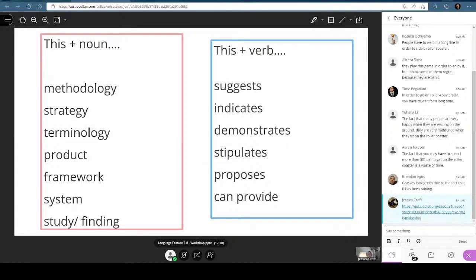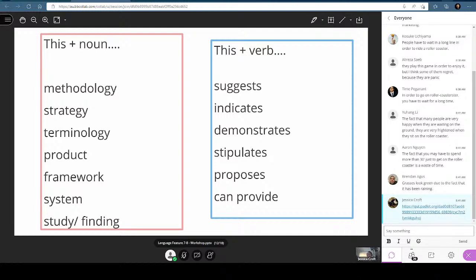So this works in a number of ways. One is actually clarifying what you're discussing, so using it with your noun. So this strategy, in other words, the strategy I've just introduced in the previous sentence, or this framework, this study, meaning my study and not someone else's.